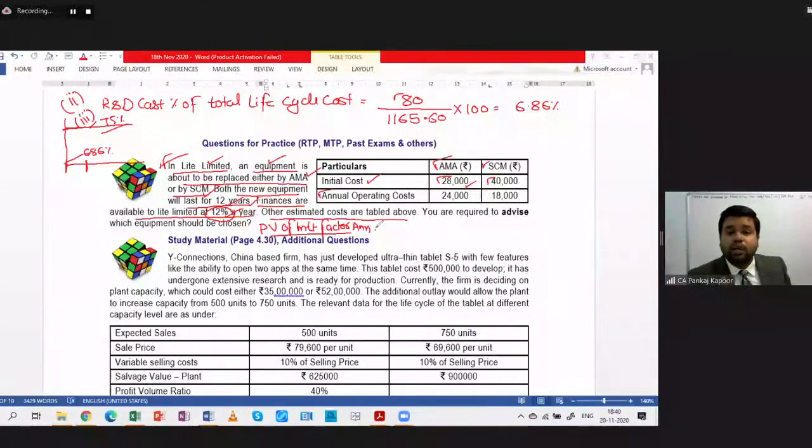Why 1.12? Because 12% is the discount rate. But if you press equal to, this will give you the discount factor of 1 year. You need to press the equal to button 12 times, and then you need to press the GT button. Why do we press the equal to button 12 times? Because we need to compute the discount factor annuity for 12 years. Okay. Now quickly tell me, what will be the value here?